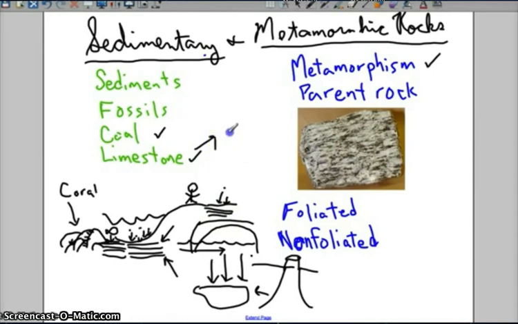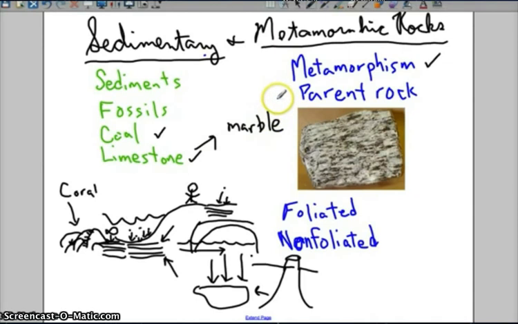It's marble. Limestone is the parent rock, and marble is the rock that is metamorphosized, I guess you might say, that comes from it. We have a lot of marble here in Georgia.